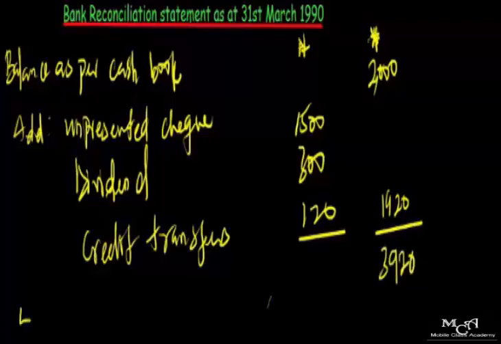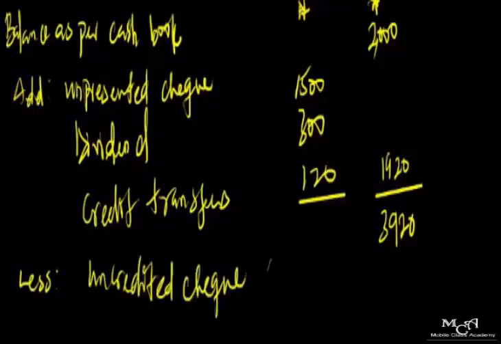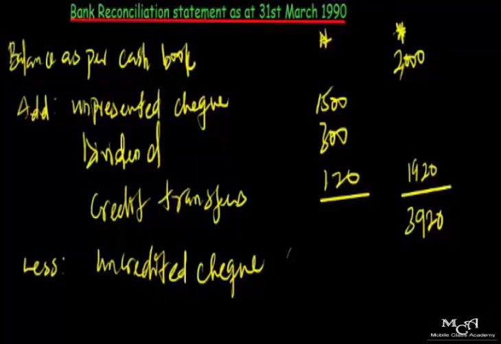So we are now going to less. To less means to deduct. We are now going to less our uncredited check. All the things we are going to deduct, we are going to put them on the first naira column so that we can get the total summation, and then we take it to the extreme naira column. Our uncredited check from the question is 1,000 naira.